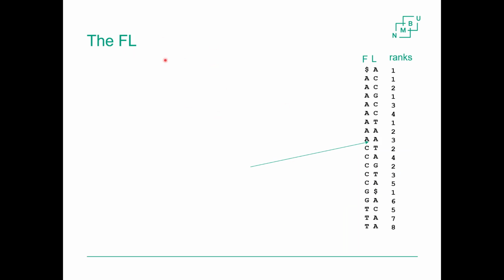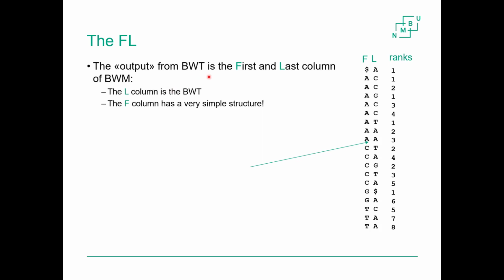So this is what we call the FL, first and last column of this Burroughs-Wheeler matrix. The output from the Burroughs-Wheeler transformation is the first and last column of this matrix. The L column, that's actually the Burroughs-Wheeler transform, right?